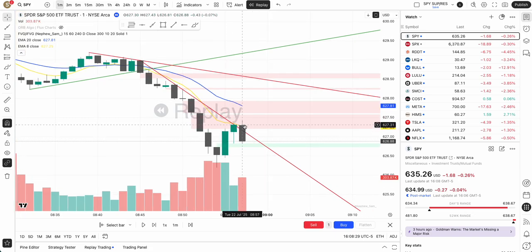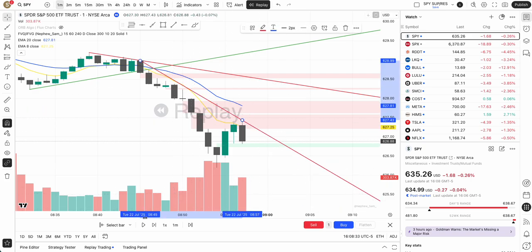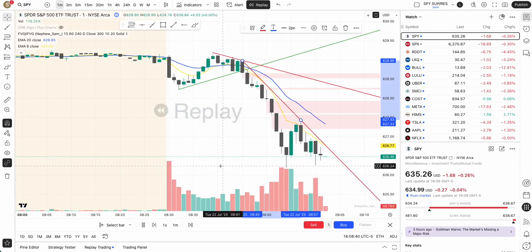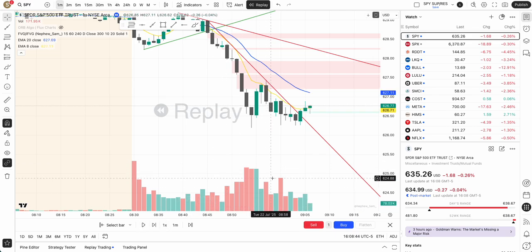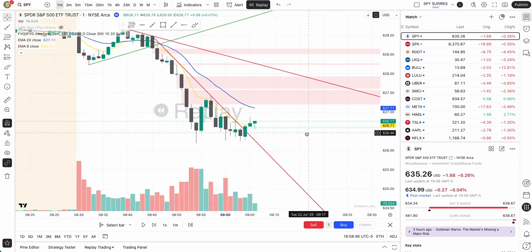Let's see, we got a fair value gap here, so we would have stayed in this trade and then just moved our line over. Okay, then we get the break here, so that's our exit.